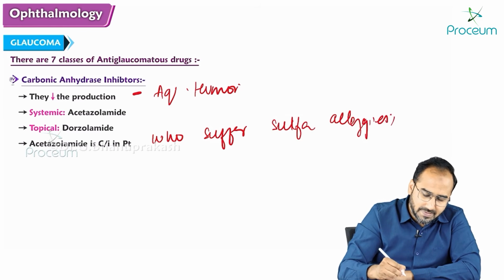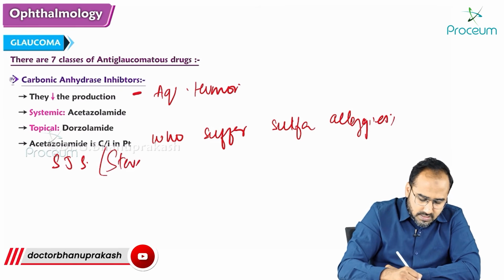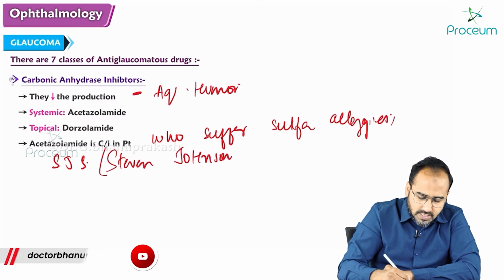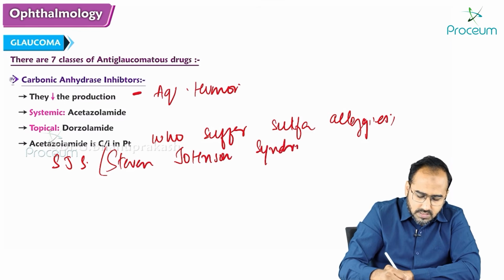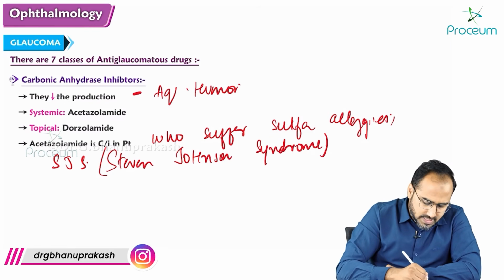If you give acetazolamide to a sulfa allergy patient, it can land the patient in SJS. What is SJS? Stevens-Johnson syndrome.